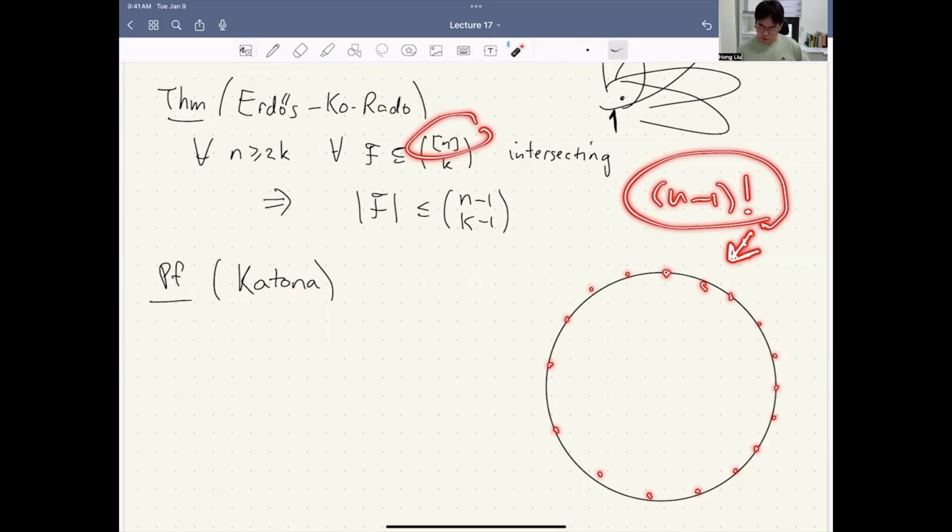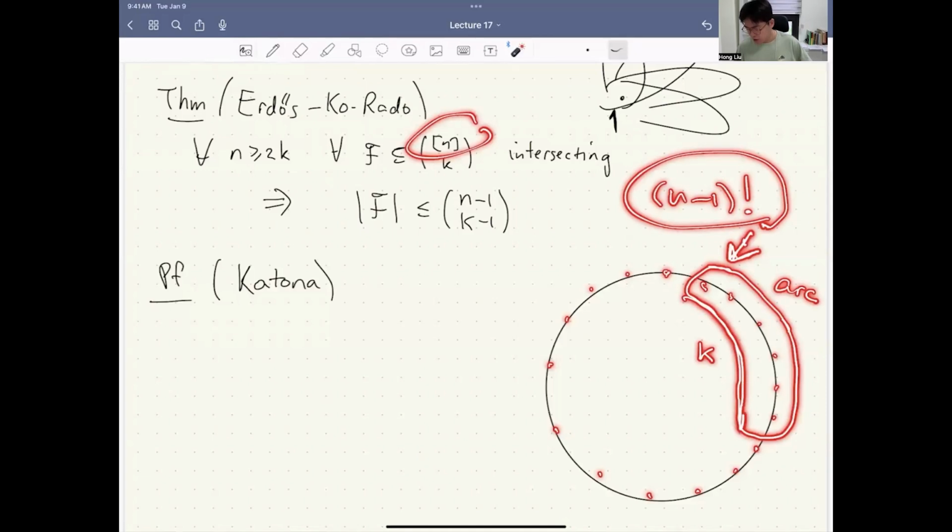So for each one such way, we're going to consider arcs, which are consecutive intervals in this cyclic permutation of size k. And we're going to consider how many of these arcs are sets in our family F. That's what we're going to double count.